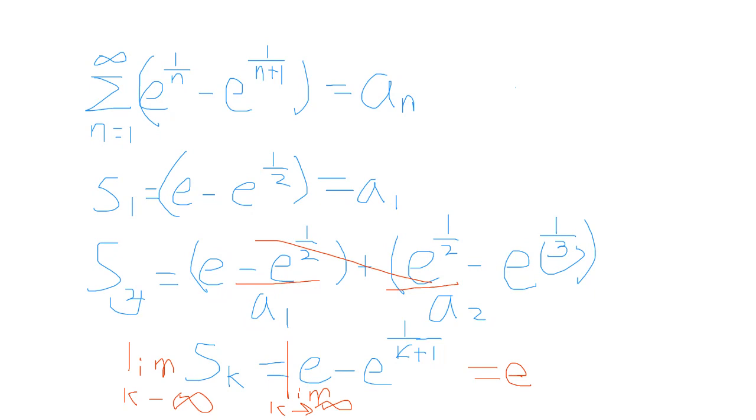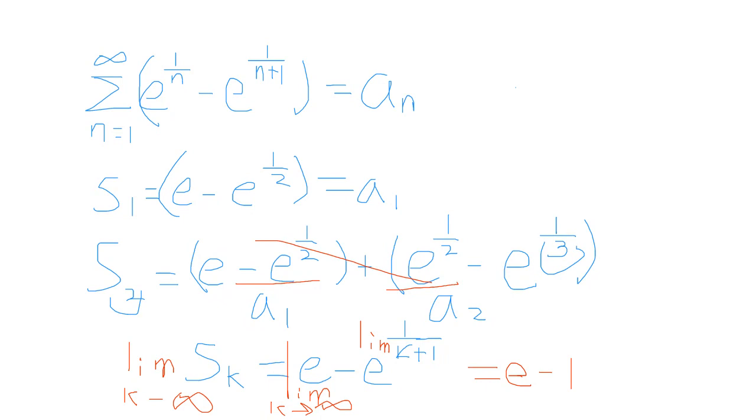And 1 over k plus 1 is continuous on the interval from k up to infinity. So I have no problem taking the limit of the exponent. What's the limit of this when k goes to infinity? That's 0. So e minus e to the 0. What's e to the 0? Just 1.